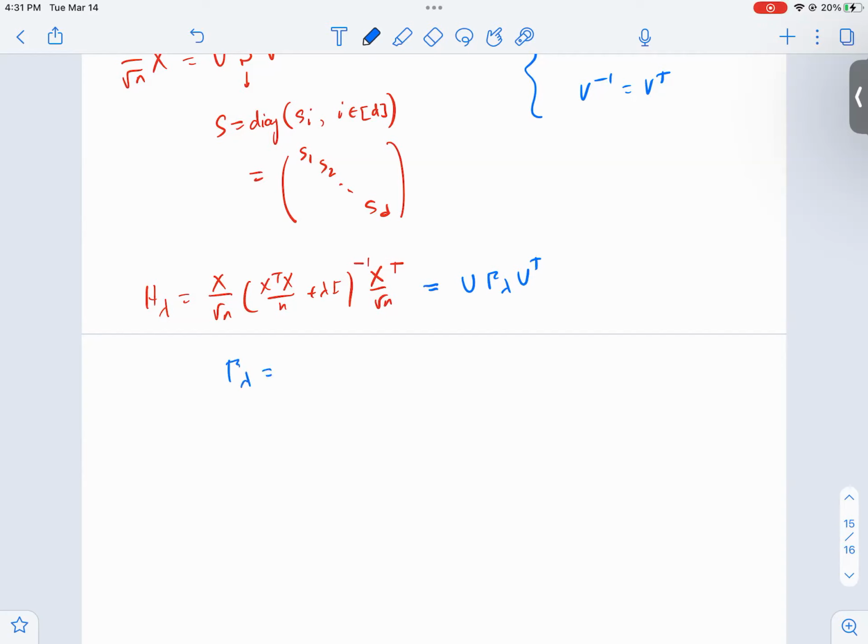Gamma lambda is going to be S squared plus lambda I inverse times another S. If you compare this with the above, it looks like we're replacing x with S, and x transpose with S. But S is a diagonal matrix, I is a diagonal matrix. This really is going to be diagonal. When you multiply diagonal matrices, it's as if you're multiplying scalars. So it's going to be the diagonal of s_i squared plus lambda, times s_i, this inverse, and then this is just going to be s_i squared divided by s_i squared plus lambda.